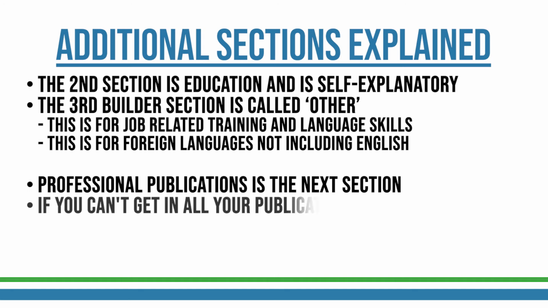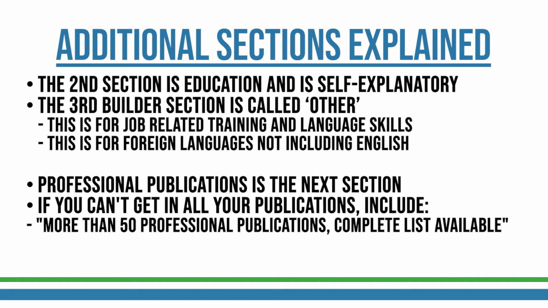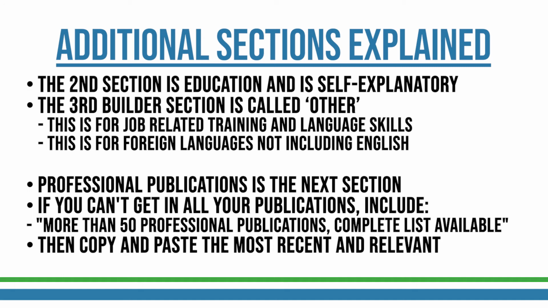And if that is the case, what I would say before I start copying and pasting my publications into this box is something along the lines of more than 50 professional publications, complete list available, and then I would copy and paste the most recent and relevant.